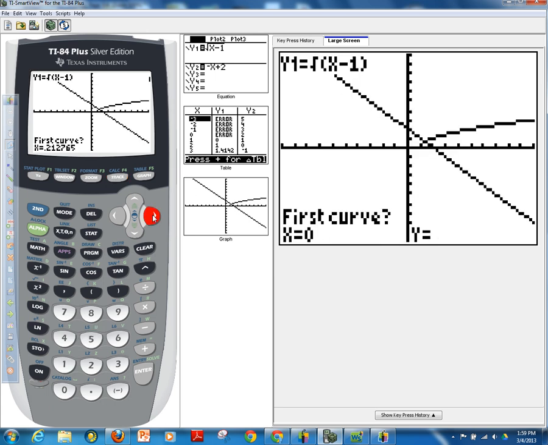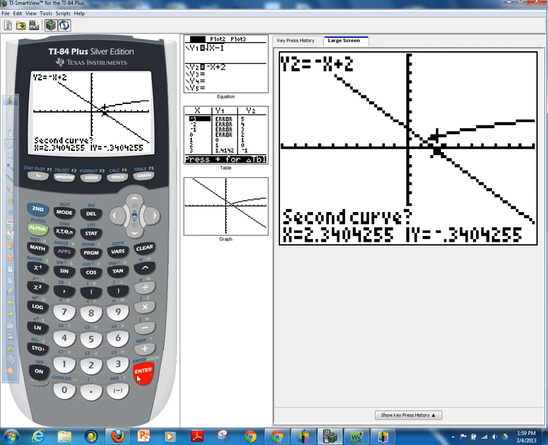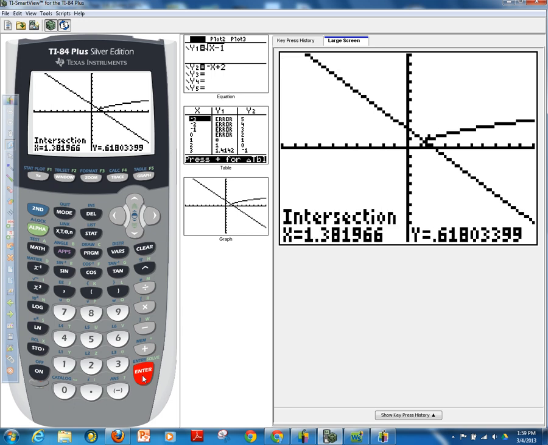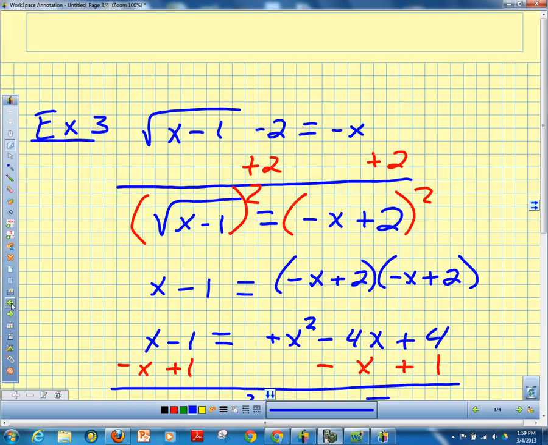So it's just 0, because I guess maybe I'm off the curve. Alright. So maybe you have to see the cursor. Second trace, intersect, enter once more. 1.38. So the 1.38 answer is our one and only answer.